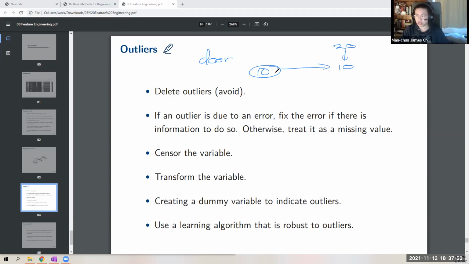We set it equal to the maximum value that we set. In this case, we're not deleting it, but we're censoring it. Censoring just means that you set a max value, and anything above that, you set to be the max.